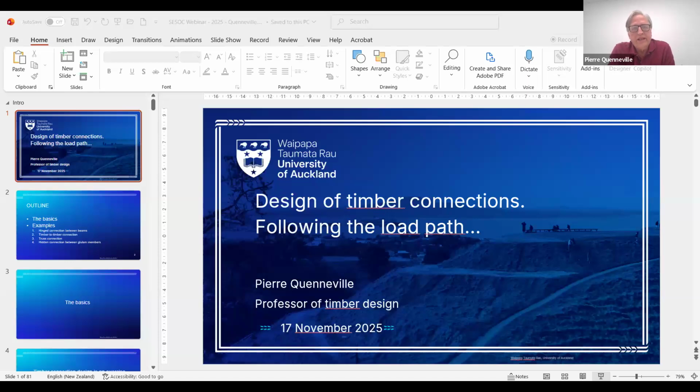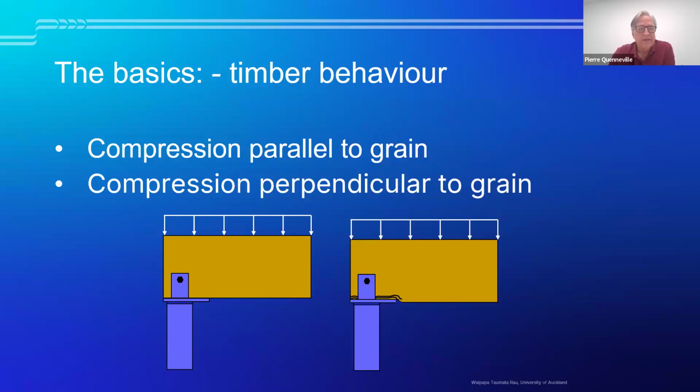If we start with the timber behavior basics, we have compression parallel to grain, and the example shown here is where for this load, compression parallel to grain is governing, and it's very basic. There's nothing more to it.